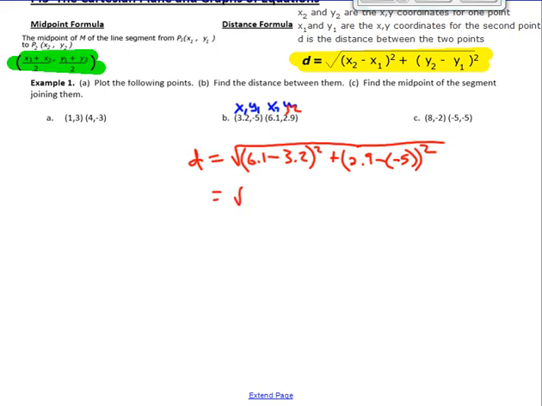So we have the square root of 6.1 minus 3.2 is 2.9, quantity squared, plus 2.9 minus -5, minus a negative is plus, so 2.9 plus 5 is 7.9, quantity squared.